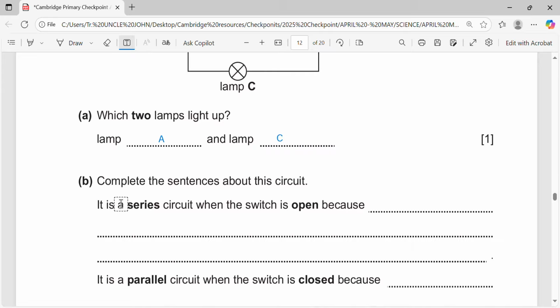B. Complete the sentences about this circuit. It is a series circuit when the switch is open because there is one loop, or one path.